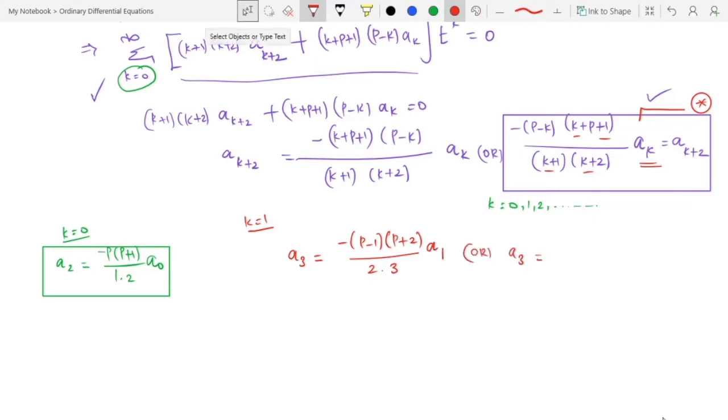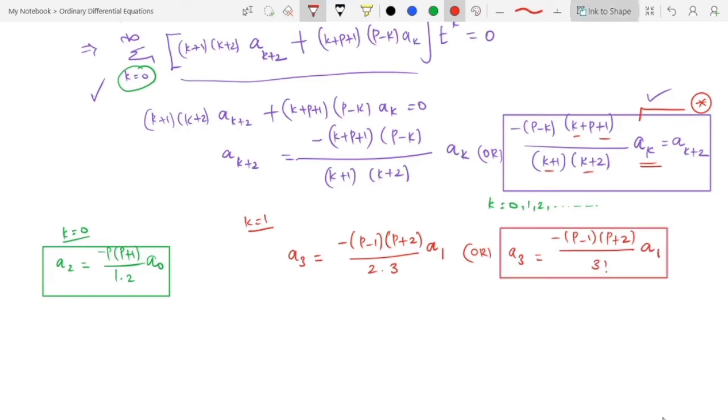Or we can write it equivalently as -(p-1)(p+2) divided by 3 factorial into a1. Here also 1 into 2 replaced by 2 factorial.